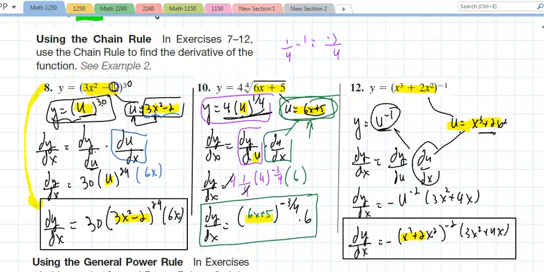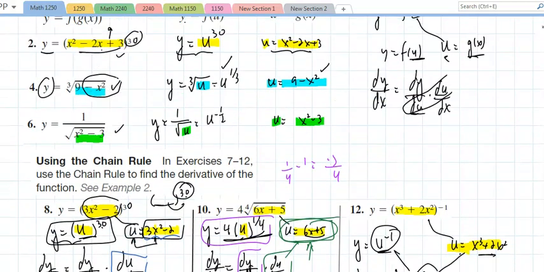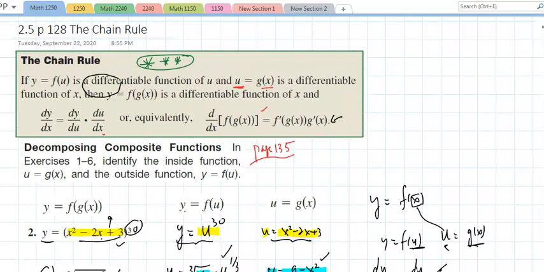I ignore that. The outsidemost function, I'm looking at something raised to the 30th power. Do you see that it's like bringing the power down, leaving that as is, subtracting 1 from the power, times the derivative of the inside?